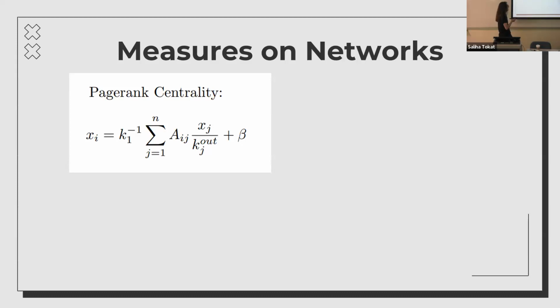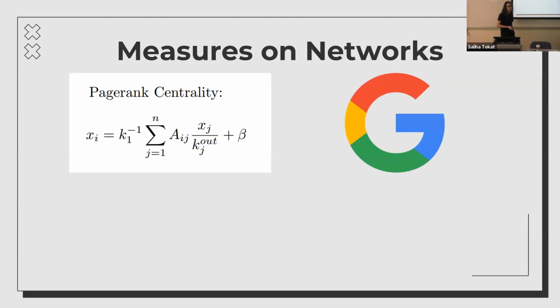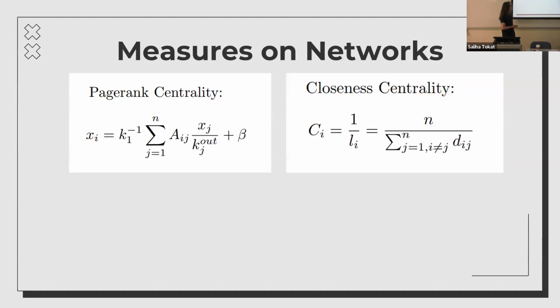So we divide this measure by just k out, which means the out degree of our vertex. So it just normalizes. And the name PageRank actually comes from a very interesting place. In Google, when we search something, we rank the pages using this algorithm, some sort of variation of this algorithm. And then we get the highest centrality measured ones at first, and then the others follow.